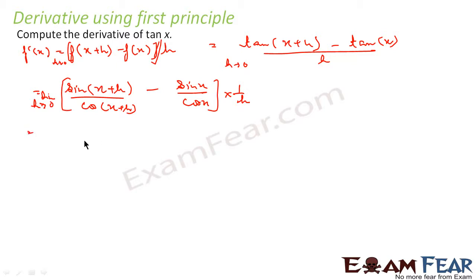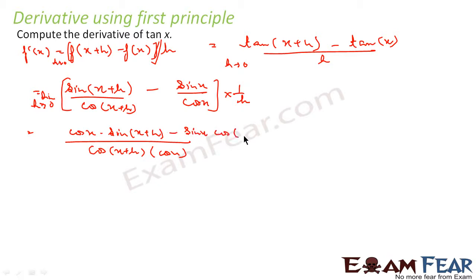Now let me solve this. So this becomes cos of x plus h into cos of x, and in the numerator cos of x sine of x plus h minus sine of x cos of x plus h, correct? Into 1 by h, and h tends to 0.